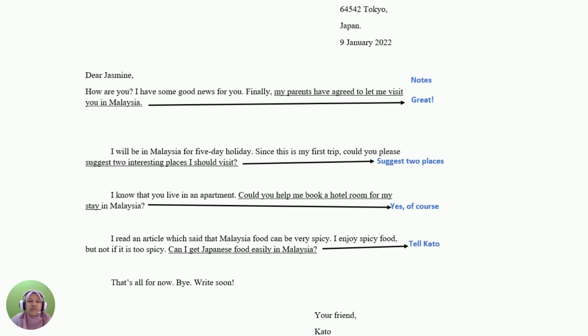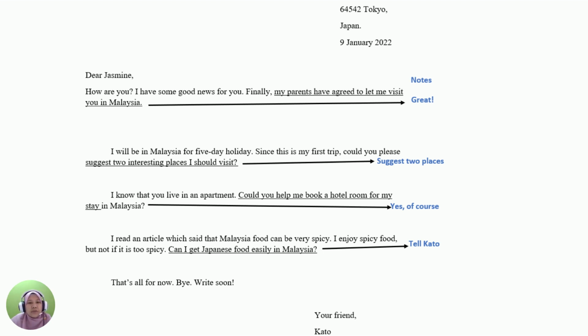Okay, so the notes given in the first paragraph, the word given is great. Second paragraph, suggest 2 places. Third paragraph, yes, of course. Next paragraph, tell Katu. As I said before, you have to highlight or underline the keywords and the question you must answer.